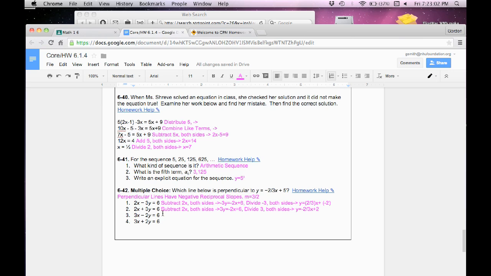Okay, this one, trying to get y alone. This time we're going to subtract 3x from both sides. And that's going to yield negative 2y is equal to negative 3x plus 6. And then what we'll do is we'll divide by negative 2.